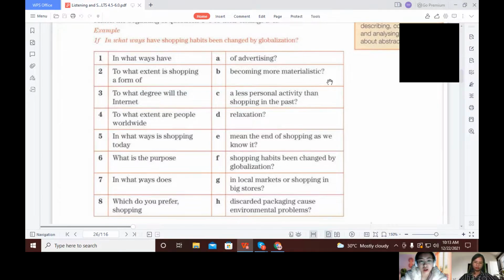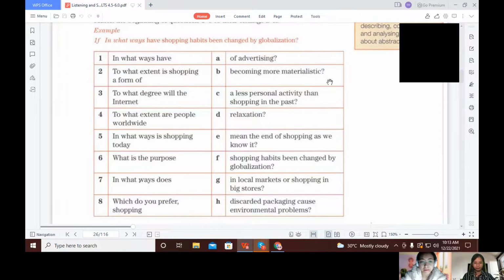Nowadays, shopping is not only done by personal activity, but it could also be carried on by organizations. So I think shopping today is a less personal activity than shopping in the past.